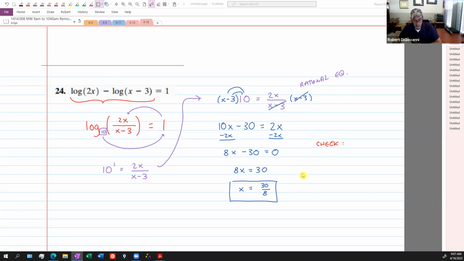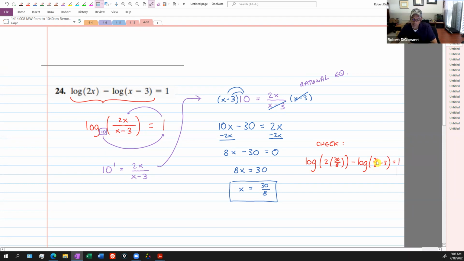Thank you. So let me just look at this. If I go log of 2x, it's 2 times my solution, 30 over 8. Well, that's going to be a positive number, so I'm happy about that. Minus log of x minus 3, that's 30 over 8 minus 3, equals 1.